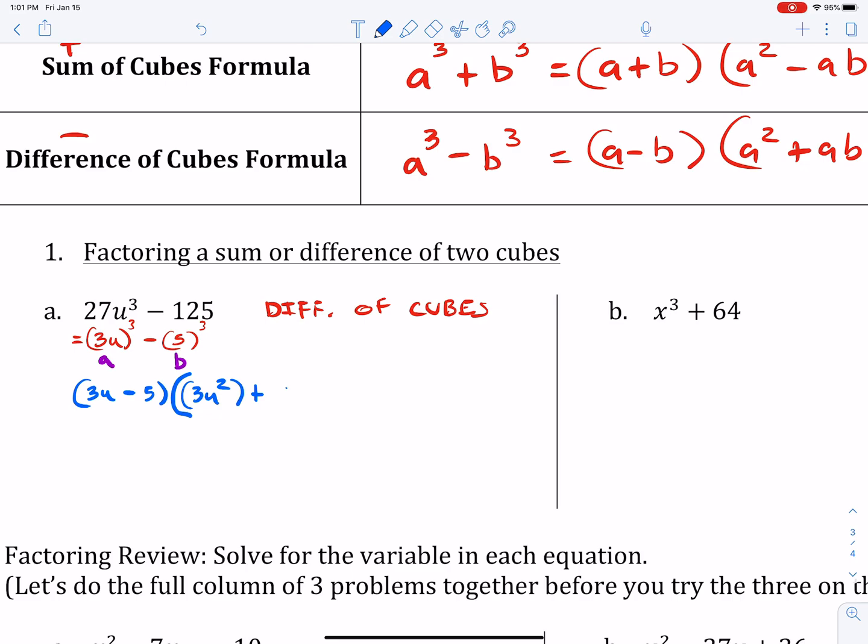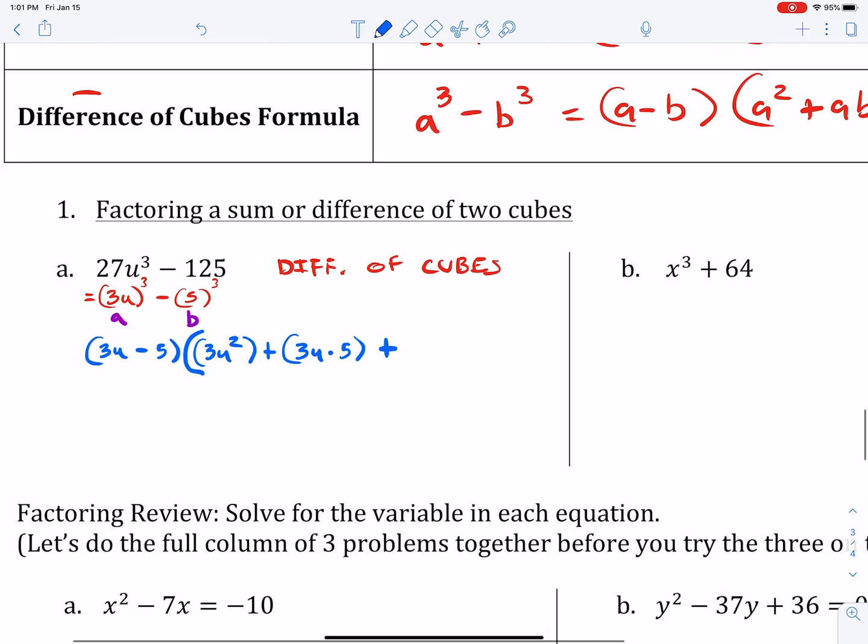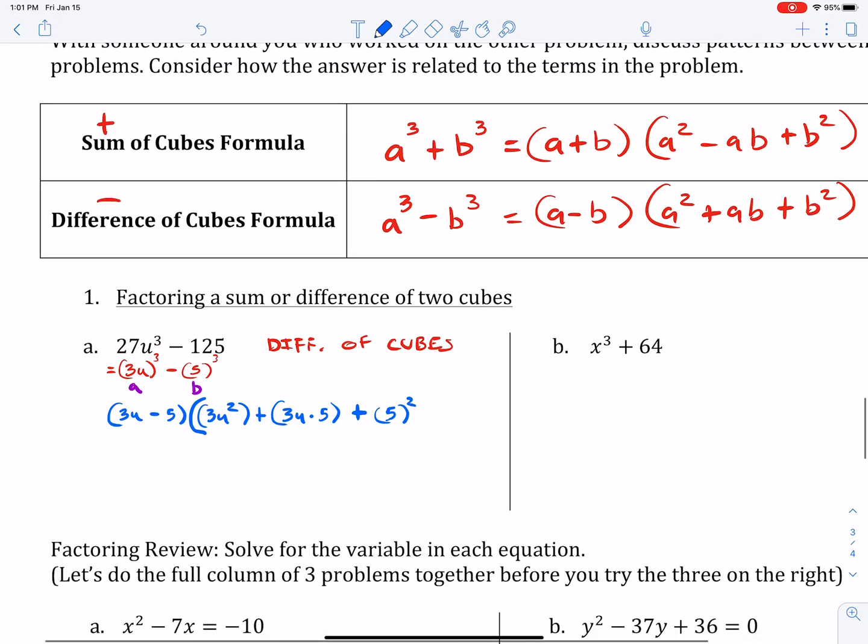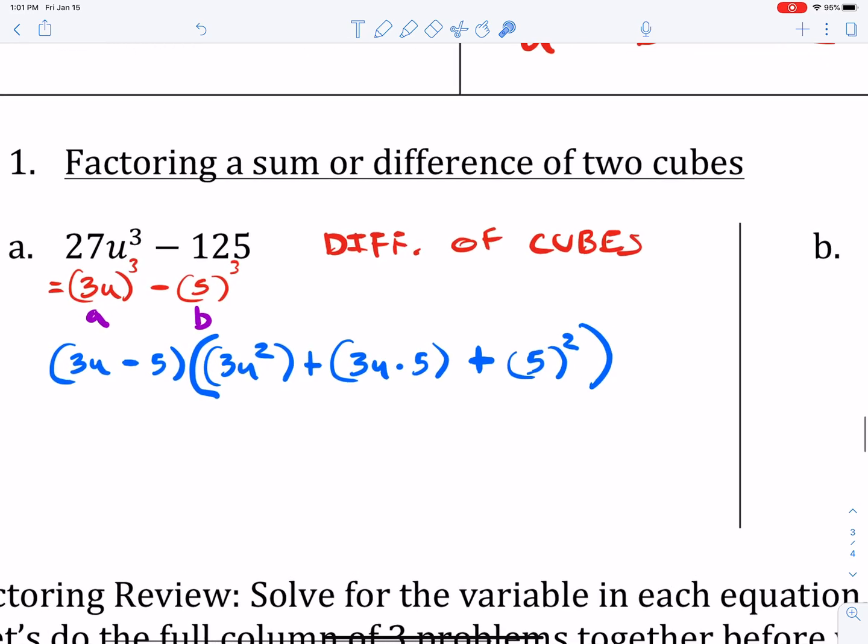Well, that's 3u times 5 plus b squared. That is 5 squared. So again, we're just taking what my a represents and plugging it into the formula. And then we're taking what my b represents and plugging it into the formula for all the letter b's. That's all we're doing. Just a matching game.